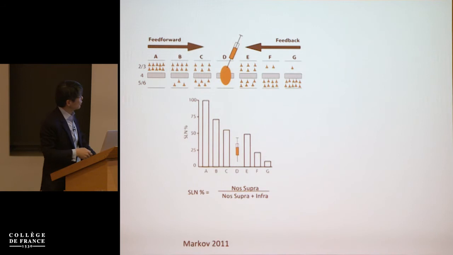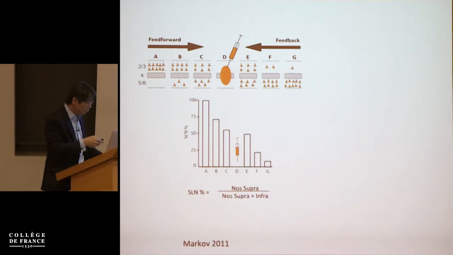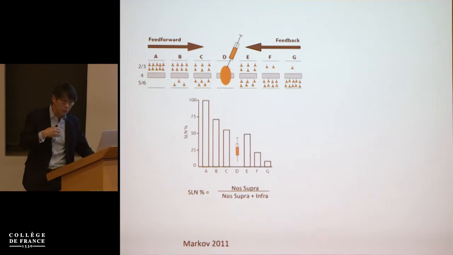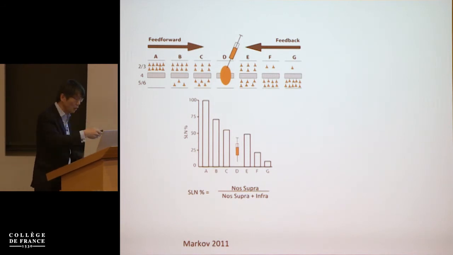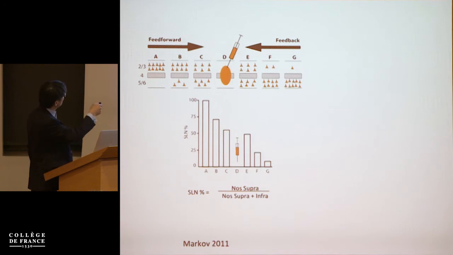And the way they quantify that is to use the same data, but this time based on the notion that a feedforward projection tends to come from the top parts of the cortex, so superficial layers, whereas the feedback projection tends to originate from deep layers. So they just ask for each source area, what fraction of labeled neurons is coming from superficial layers versus the total? All right, that provides a quantitative measure.